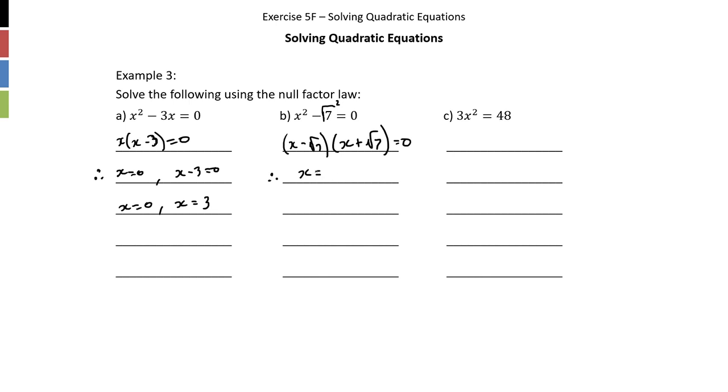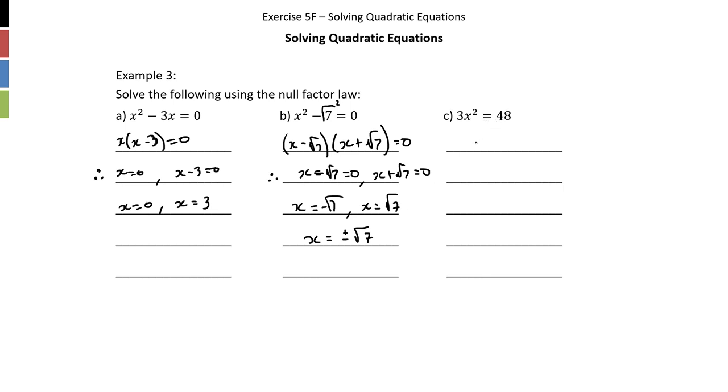Therefore, x minus root 7 equals 0, x plus root 7 equals 0. So x is equal to negative root 7, or x equal to root 7. And you can write this solution as x equals plus or minus square root 7, because it's the positive and negative, it's the same thing.